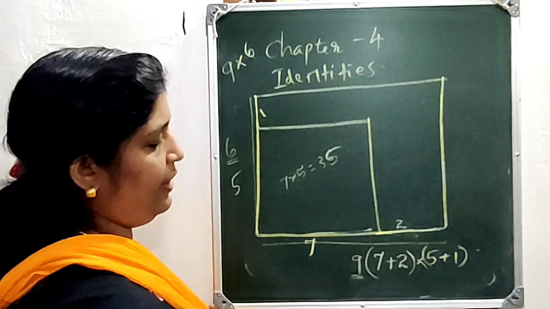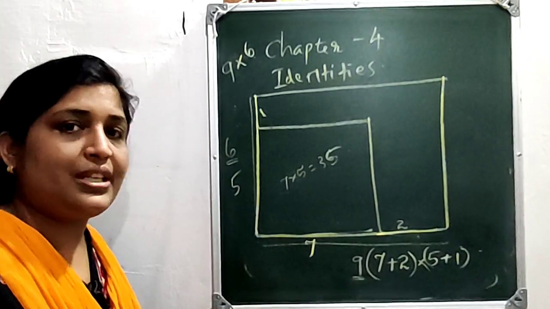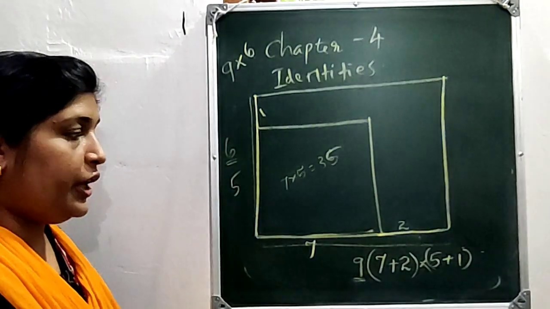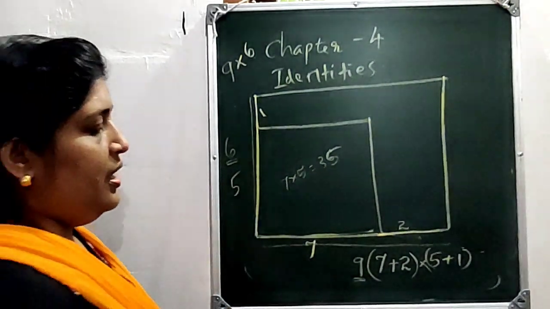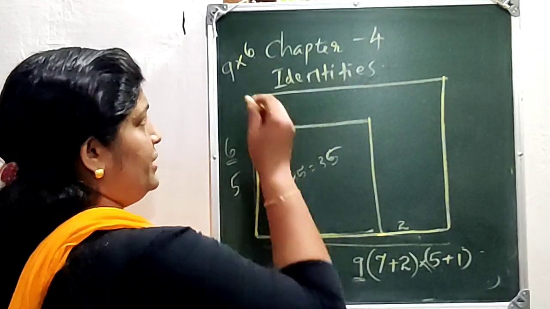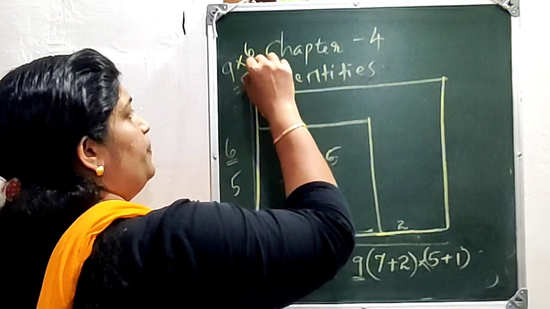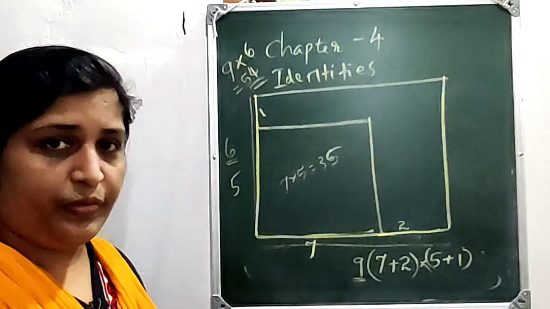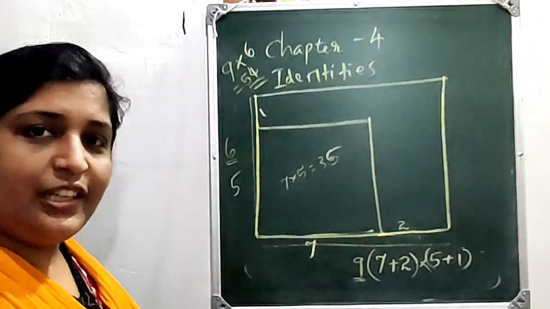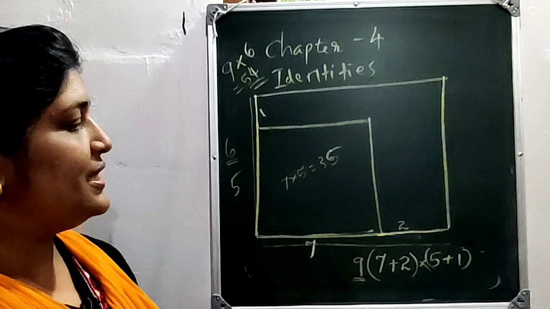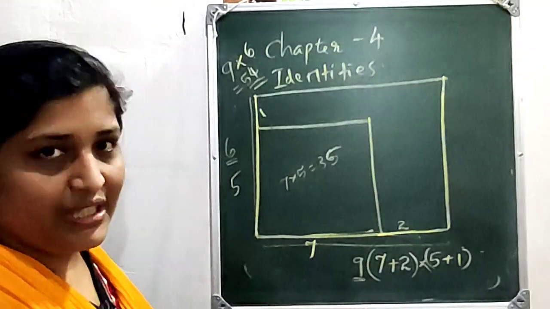So here we need the product of two sums. 9 into 6 is 54. The answer is 54. But we need the geometrical explanation for this product of sums.